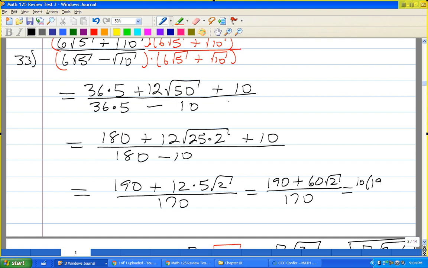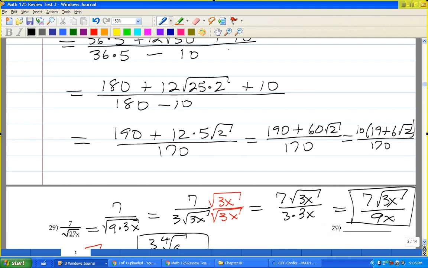So it's 10 times 19 plus 6 rad 2 over 170. And so I can divide by 10. So this is equal to 19 plus 6 rad 2 over 17. And that is your answer.